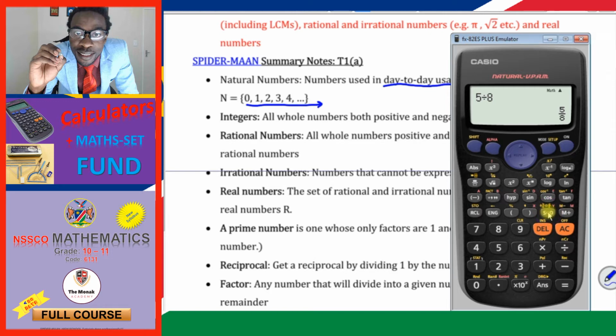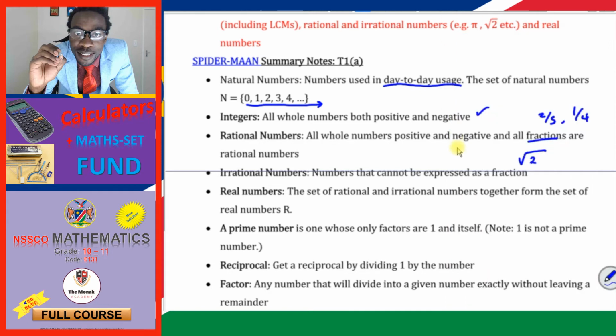So the easiest way of finding out whether a number is an irrational number is simply punch it in the calculator. If you see there is no pattern, then you know we are dealing with an irrational number. There is no pattern. Okay? So no pattern here.